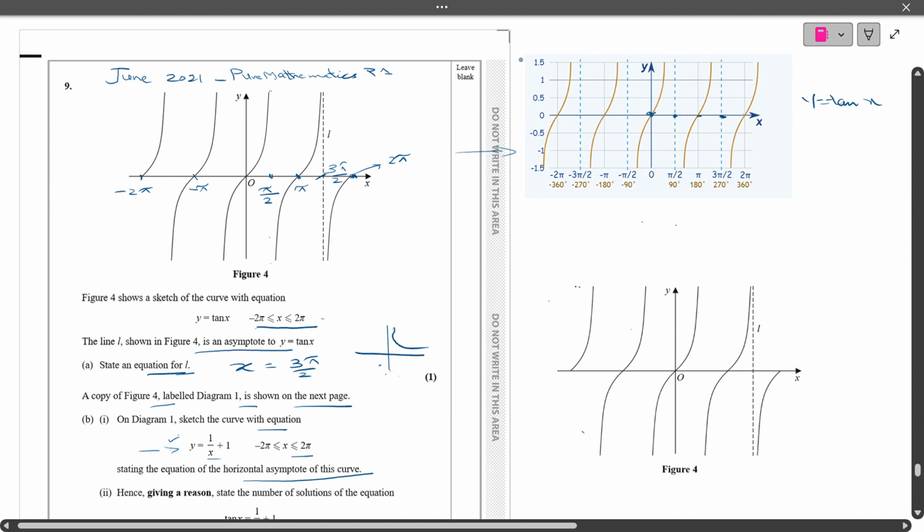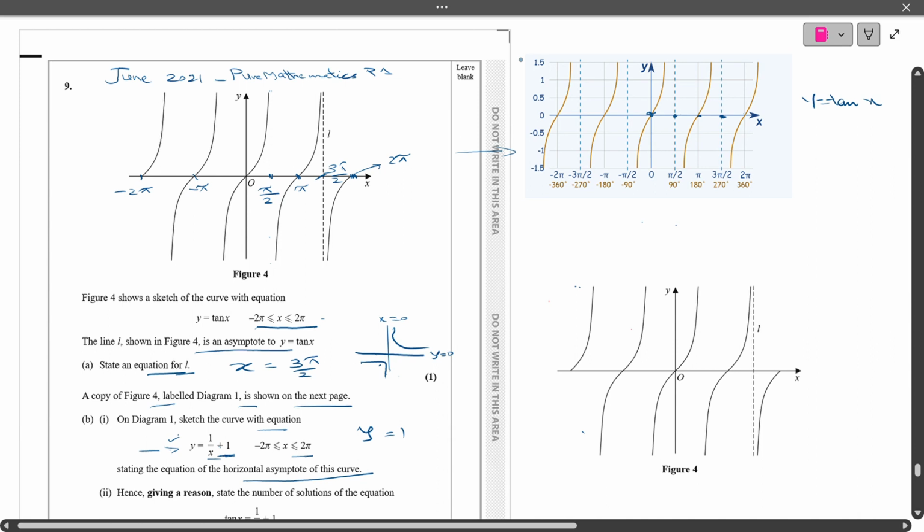This would be the reciprocal graph where the horizontal asymptote and vertical asymptote are 0. But the plus 1 shifts it, so y equals 1 is the horizontal asymptote.